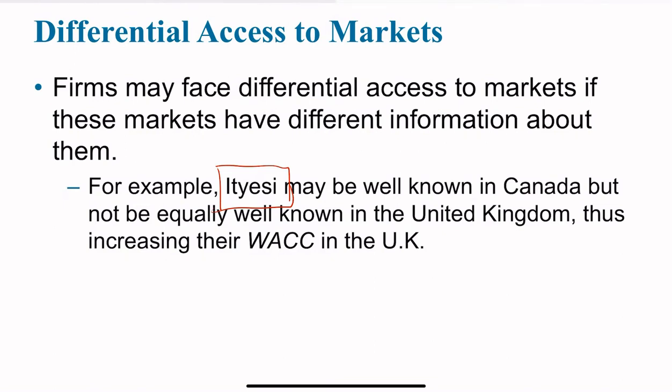And then let's say this firm wants to expand in the UK. If this Canada firm wants to borrow from a UK bank to finance its operation in the UK, then let's say it just is not known in the UK. So in this case, you can imagine that potentially it will have some difficulty to obtain financing. Or even if it can obtain financing, maybe the cost of capital will be quite high, right?